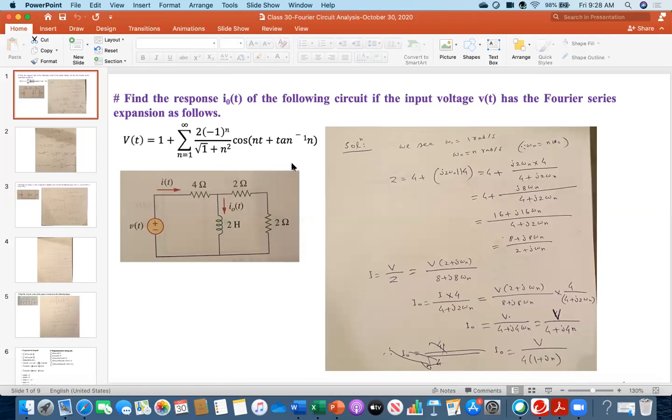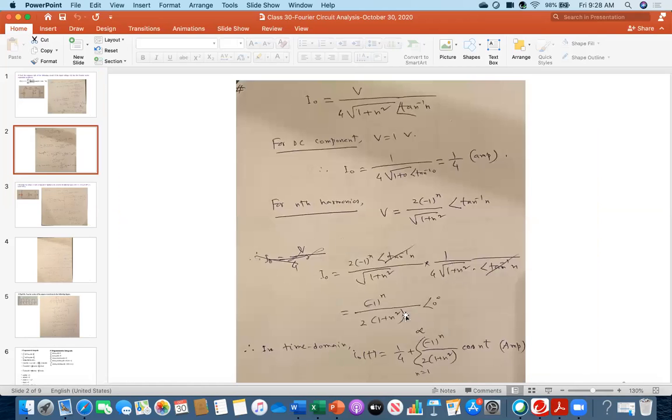And there is no angle. Initially it had the phase angle tan inverse n, but after calculating I got 0 degrees, so I don't have anything, just cosine nt. And because this is the nth term, I put the summation from n equals 1 to infinity. This is my answer. I am done.